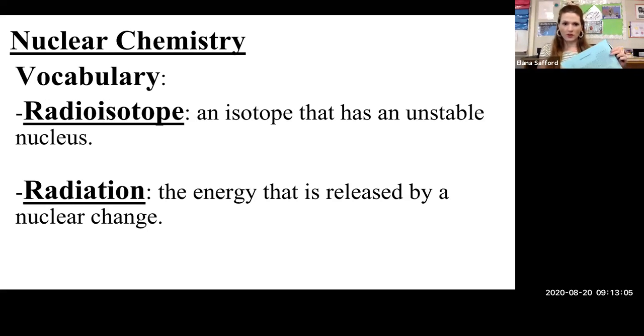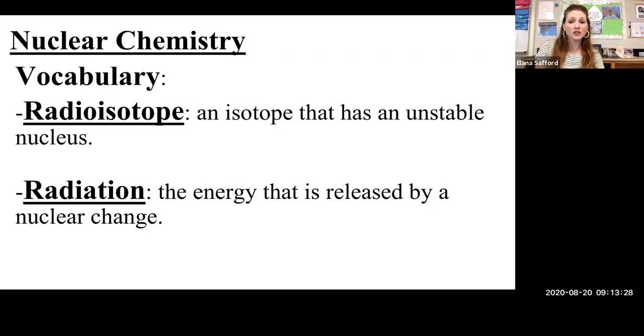This is just a little bit of vocabulary, just so you know what we're talking about. And we're going to discuss her a little later on. But Madame Curie discovered the whole concept of radiation and radioisotopes. She did a lot of work on that. What does that mean exactly? All right. Radioisotope.